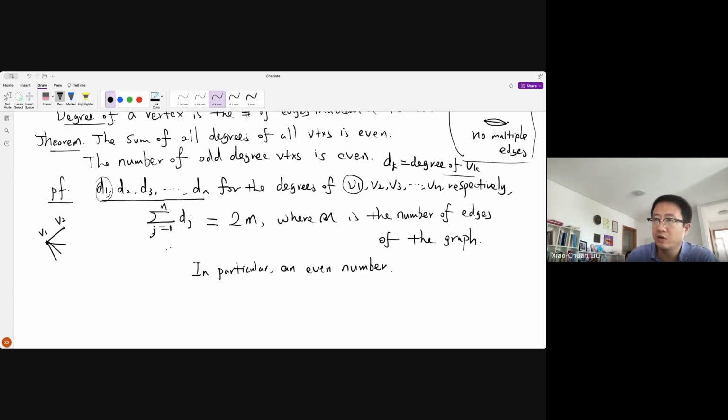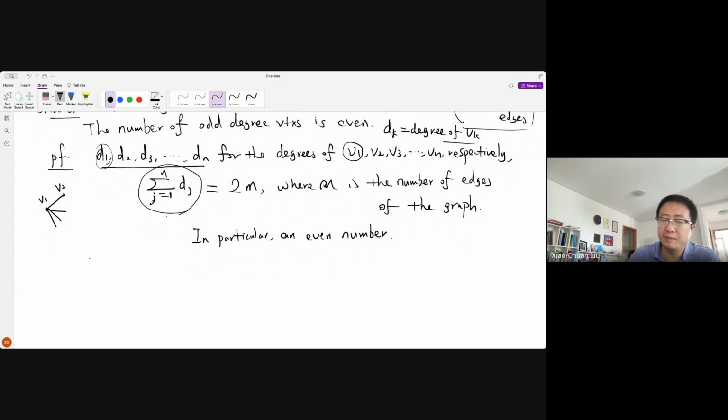So this sum, if you look at it more closely, maybe we can make a definition, but it's not necessary. It's because everything is very simple. Sometimes we call odd vertex a vertex whose degree is odd. Even vertex is a vertex whose degree is even. Okay, so we don't need this.